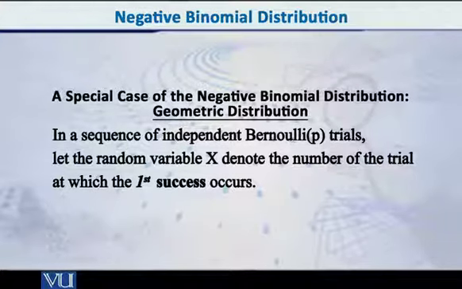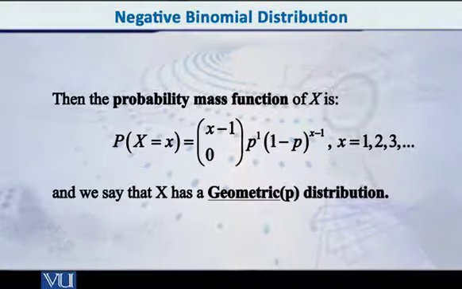We said when the rth success occurs. So obviously, if you put r equal to 1 in the PMF of the negative binomial distribution, you will obtain the PMF of the geometric distribution. So this is the way they are related. The geometric distribution is simply a special case of the more general negative binomial distribution.